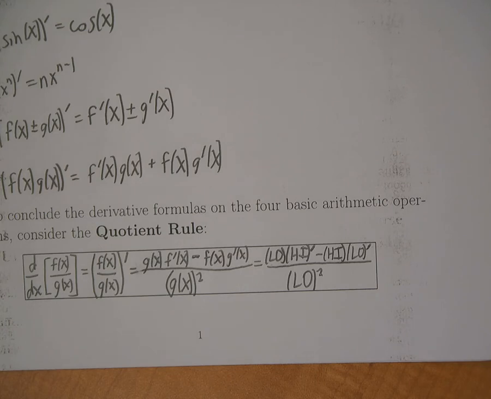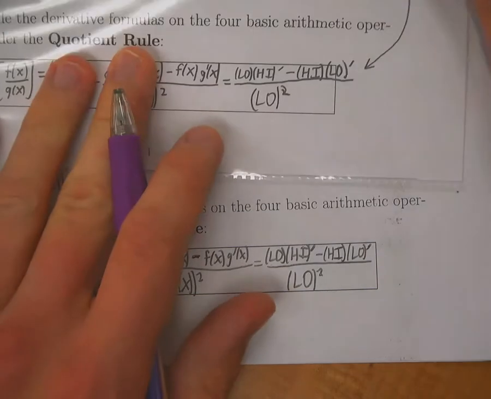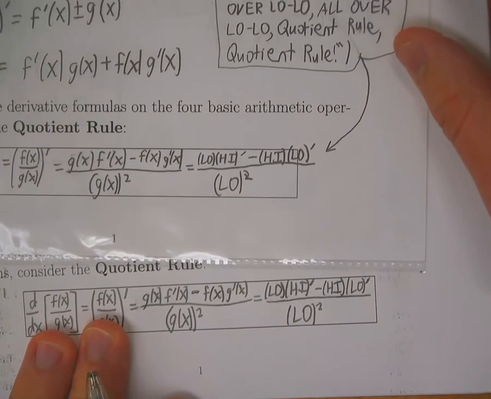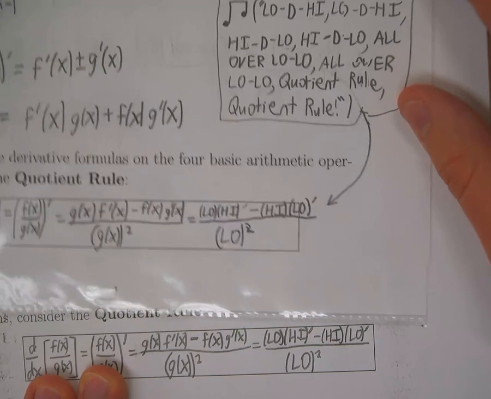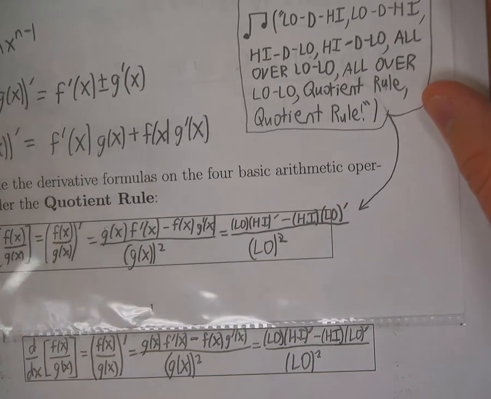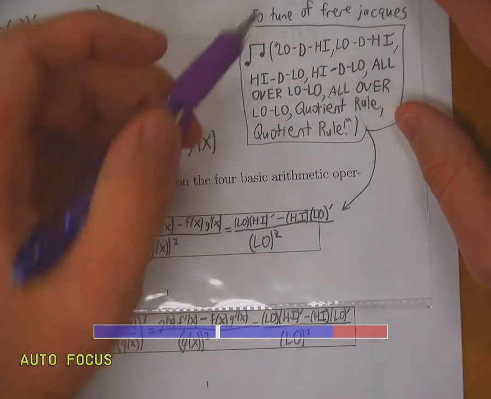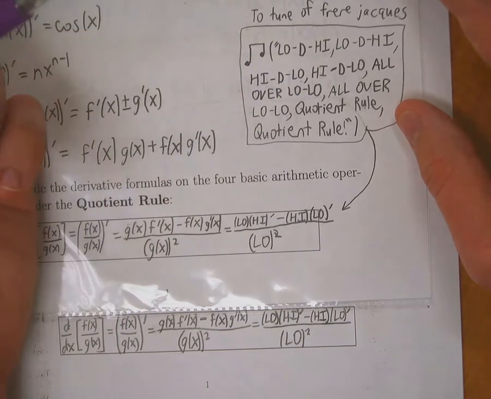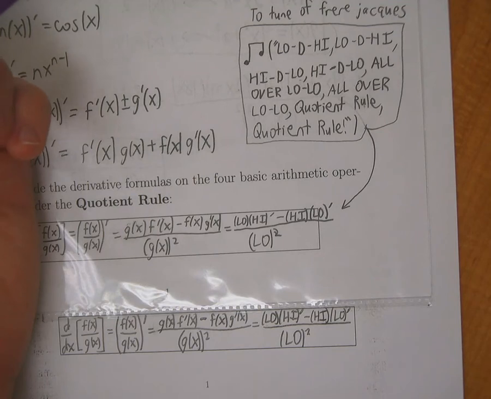Anyways, one of the songs that we memorized as a result of that was the quotient rule song, because apparently that exists. Why not? One of these songs that we had was the quotient rule song to the tune of Frere Jacques, because again, that exists. I don't know why it does, it just does.